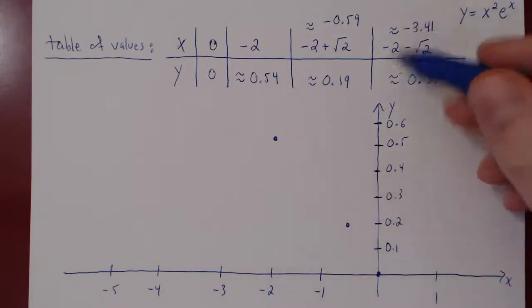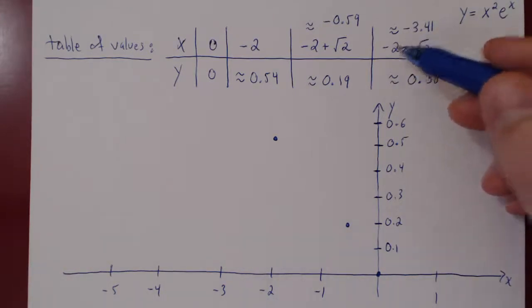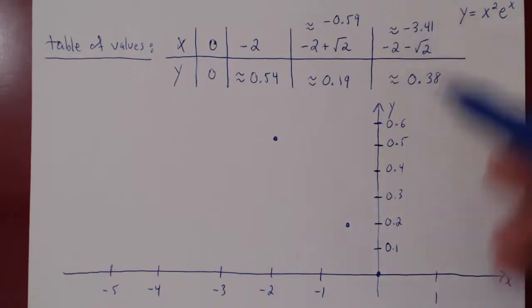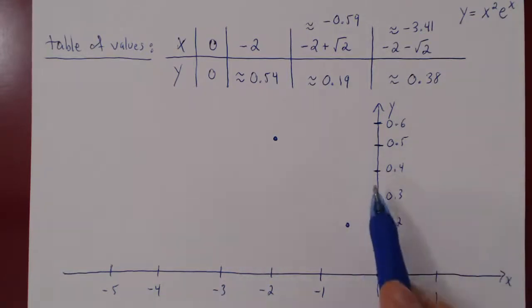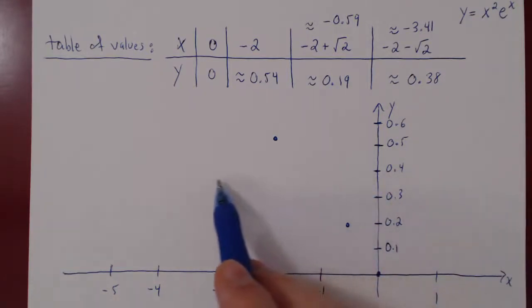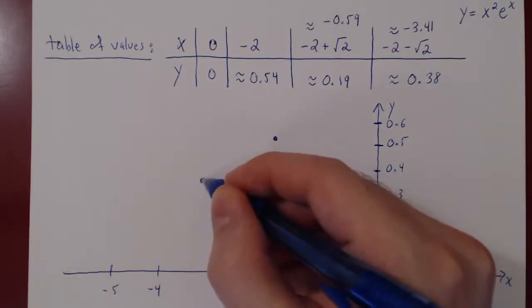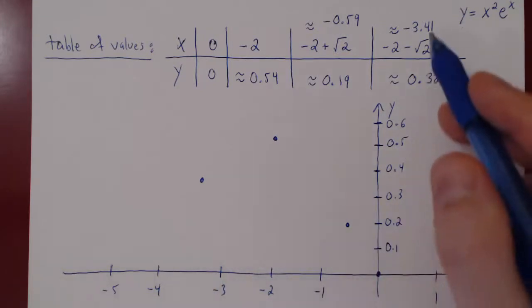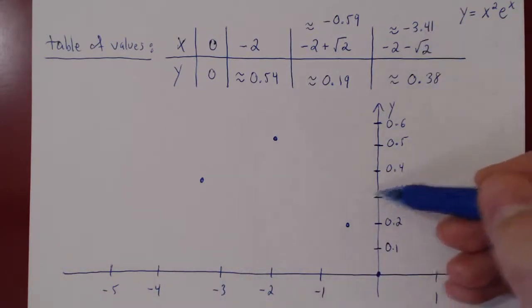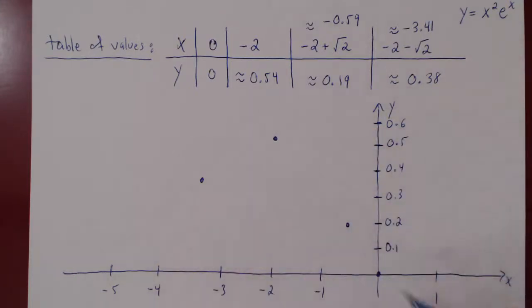And our fourth key point, x was roughly negative 3.4. So it's about here. And y is about 0.38, so it's almost here. Roughly negative 3.4 for x, and roughly 0.38 for y. So we have our 4 points.